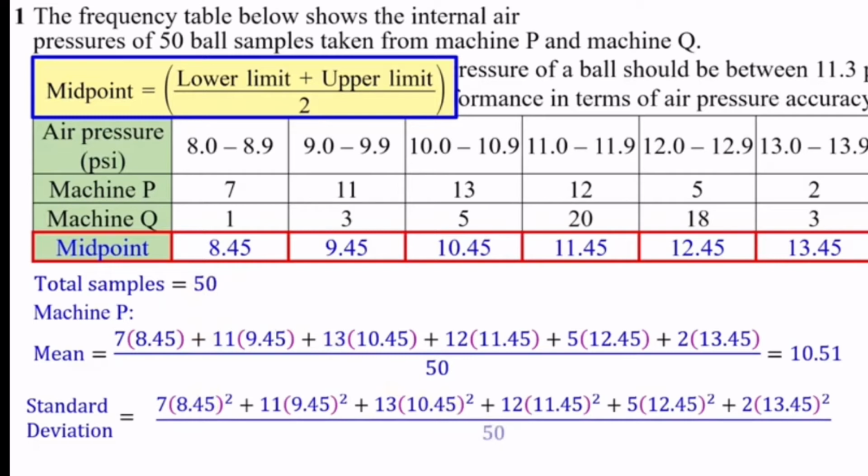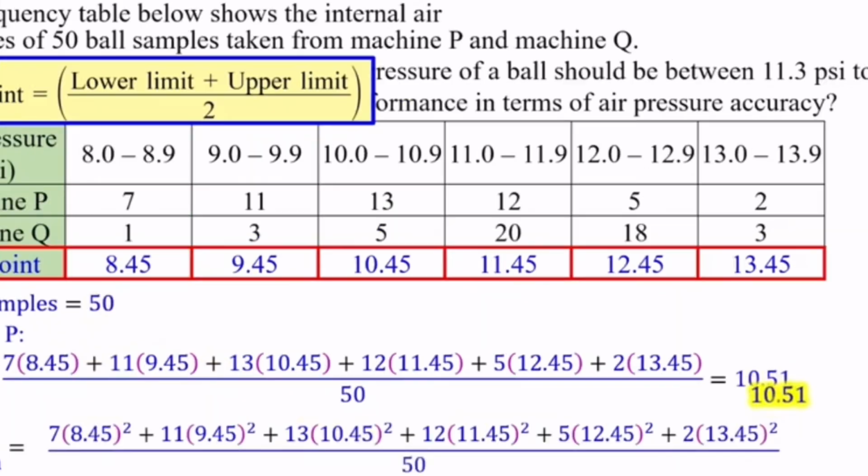So let's press the calculator. 7 times 8.45 square plus 11 times 9.45 square, and so on and so forth. And then after that, we need to minus the mean square. Don't forget, minus 10.51 square. Right? Also, don't forget to square root the whole thing.